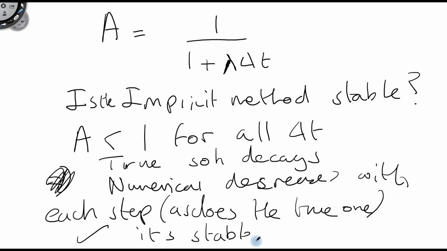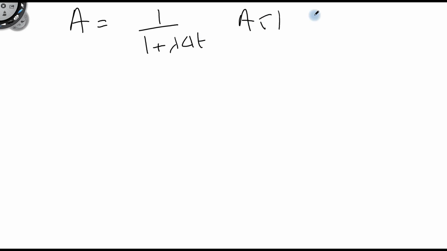But the even better way is it doesn't depend on delta t, it's unconditional. Yeah, so A, which is 1 plus lambda delta t, A is less than 1 for any delta t. So that's different from the forward Euler case, which was only stable for some delta t.